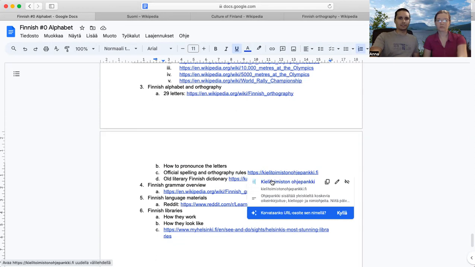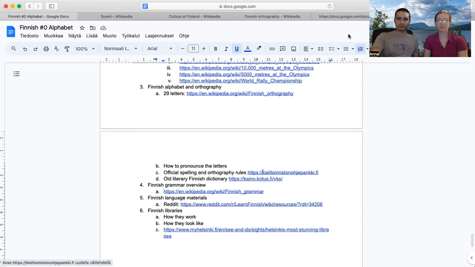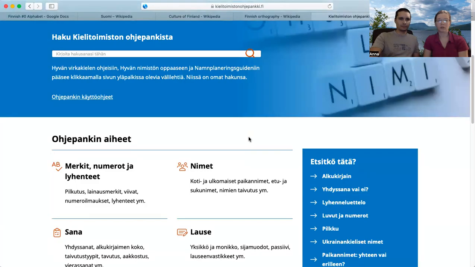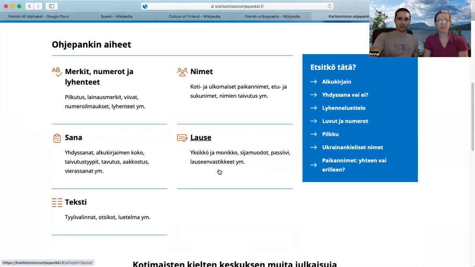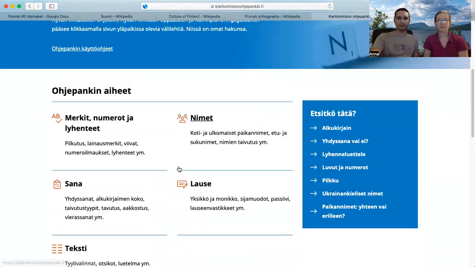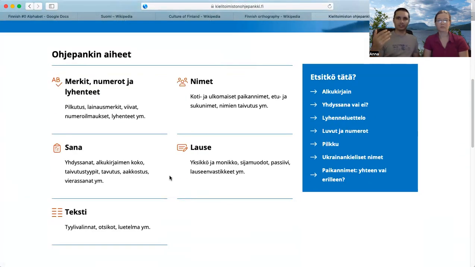Let's see some additional resources about grammar and orthography. So, Kielitoimiston ohjepankki. This is for Finns to check things about Finnish orthography. I'm not going to show all of these, but you can find here nimet, names.